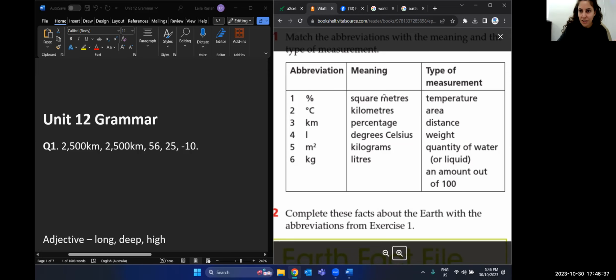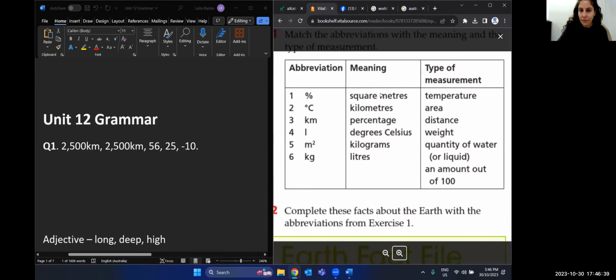I think we've got to match, find which one it is. So is this a temperature? No. Is it an area, like how much of the land? No. Is it distance? No. Is it weight? How much something is heavy or not heavy?